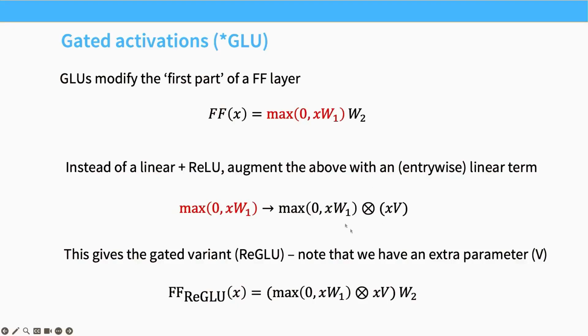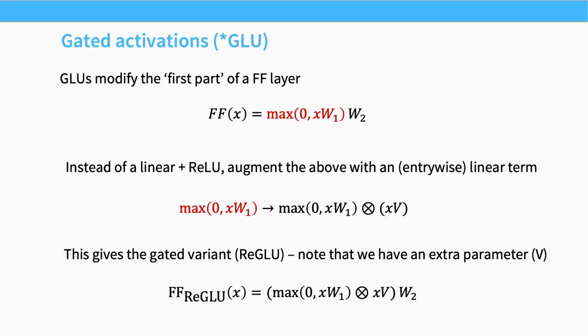This second term is just going to multiply the output of my ReLU entry-wise, and I have a second matrix V. Now this is just going to modulate the output of my ReLU, and then I'm going to do everything else the same. So instead of just having xW1, W2, I have xW1, and I'm going to gate that with xV. This is another activation the same size as this. And then I'm going to down project it back with W2.